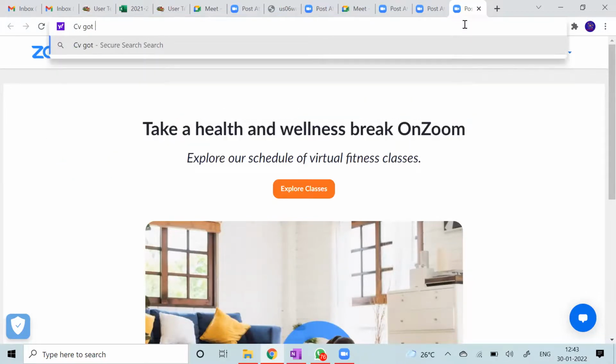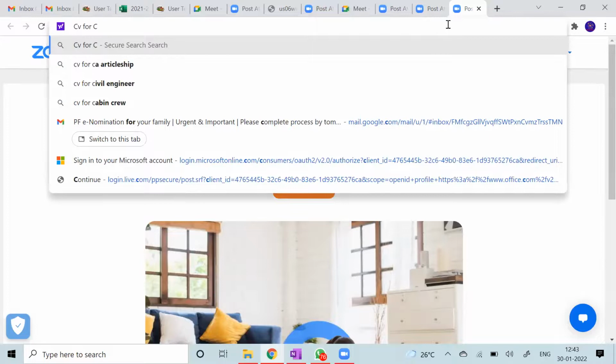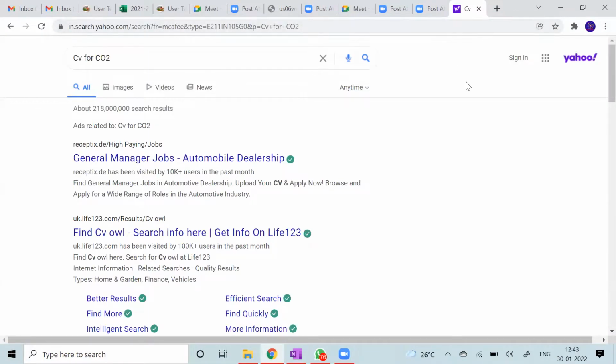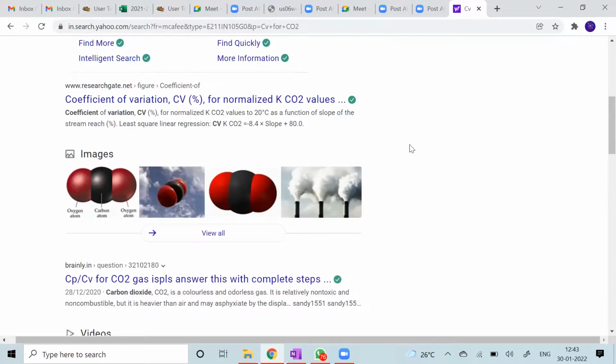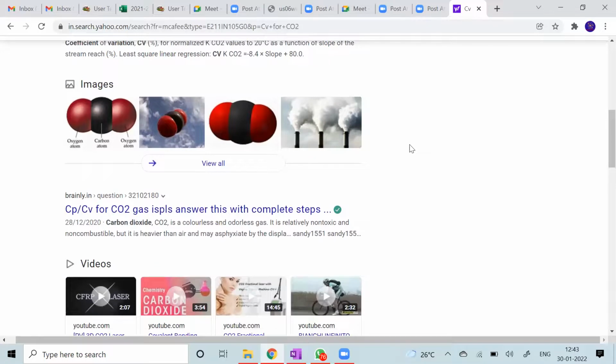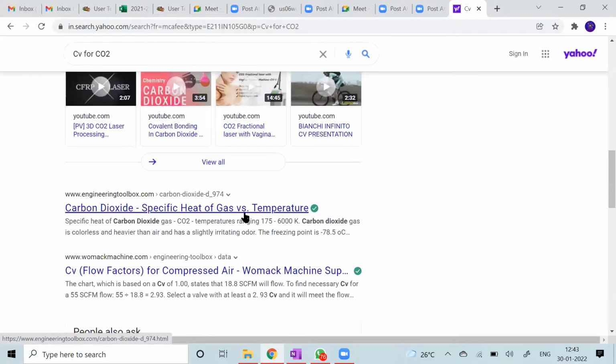CV for CO2 gas, carbon dioxide, specific heat, CP by CV.